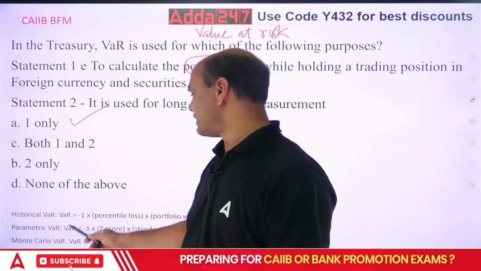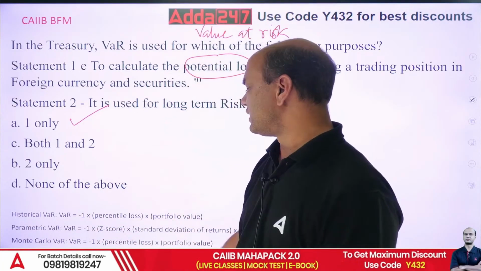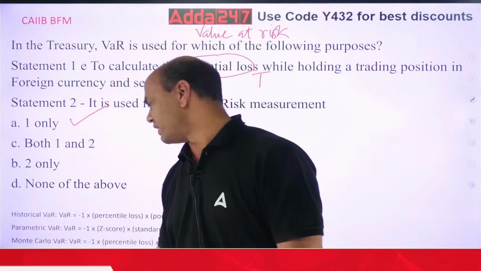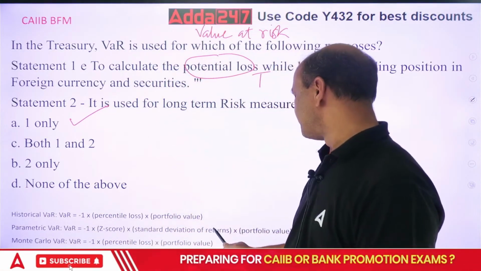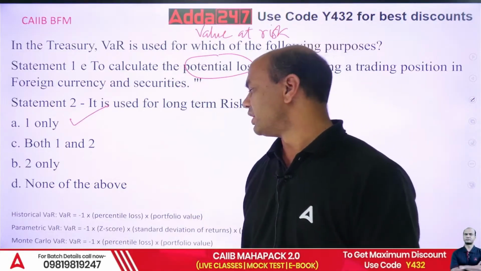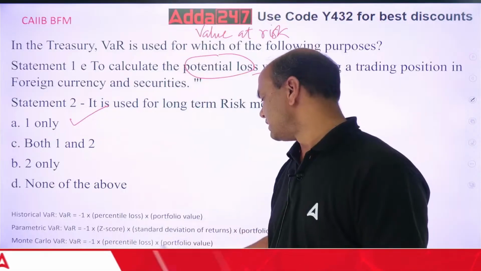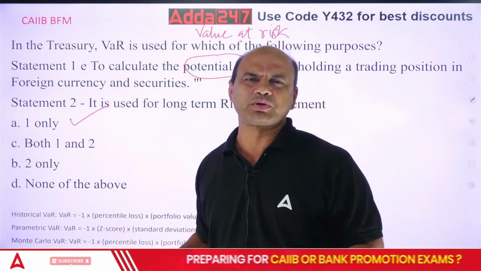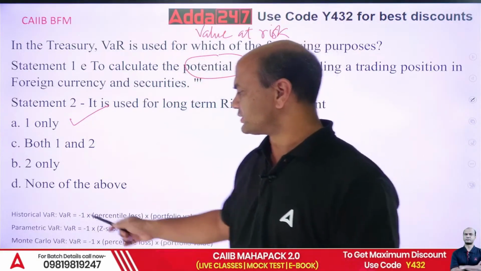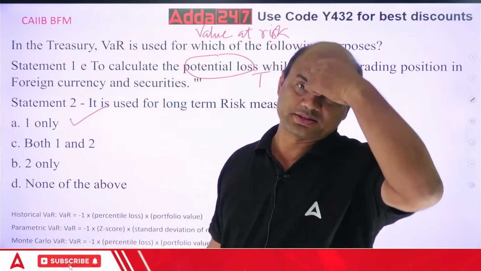Historical VAR is given by -1 × percentile loss × portfolio value. Parametric VAR is given by -1 × Z-score × standard deviation × portfolio value. And Monte Carlo is given by -1 × percentile loss × portfolio value. These are the 3; at least remember the names: historical, parametric, and Monte Carlo. These are the 3 types of VARs. Got it?